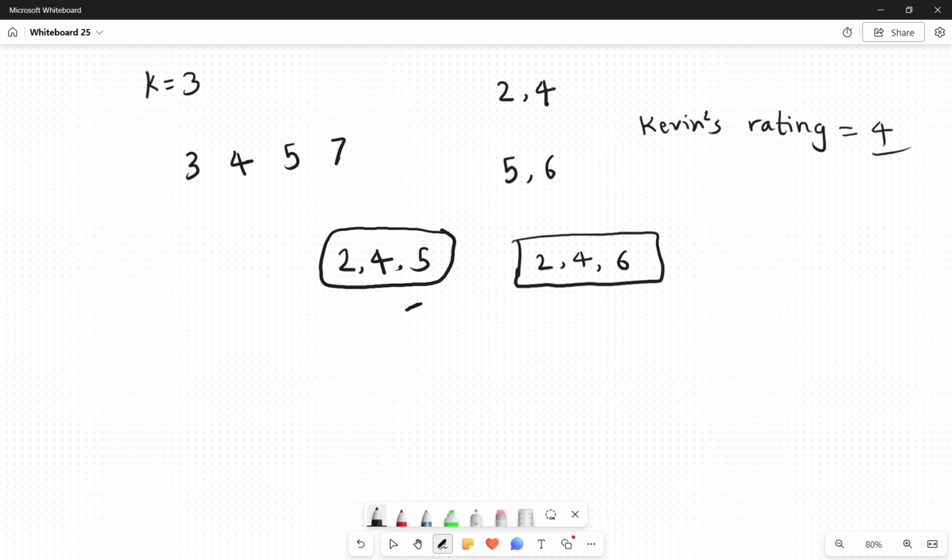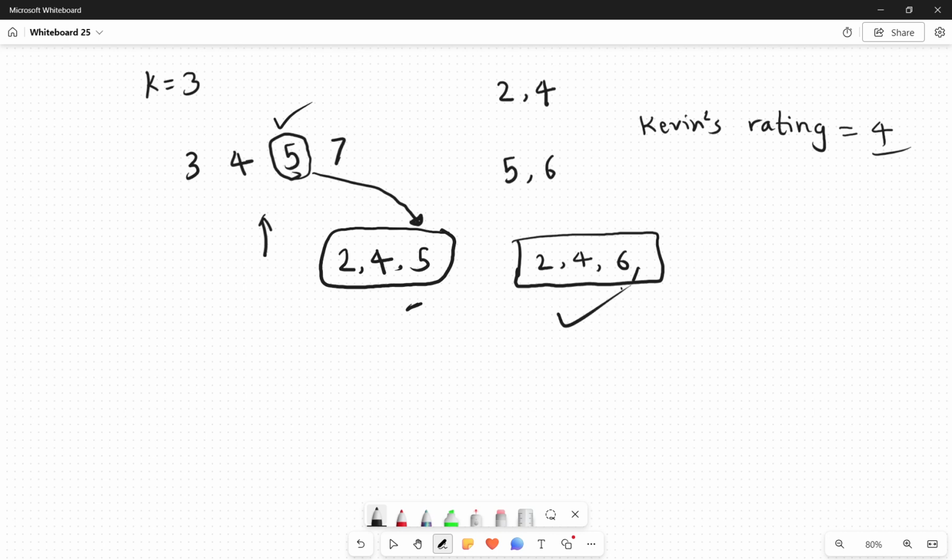If you take 5, then this participant will solve this question, and Kevin's rank will be increased, right? But if you take 6, then this participant won't be able to solve that question, so Kevin's rank will be minimized, right?